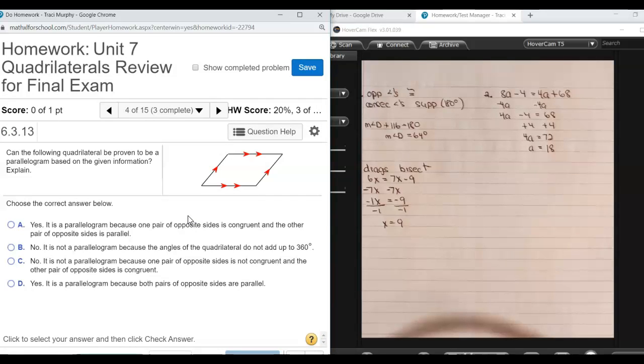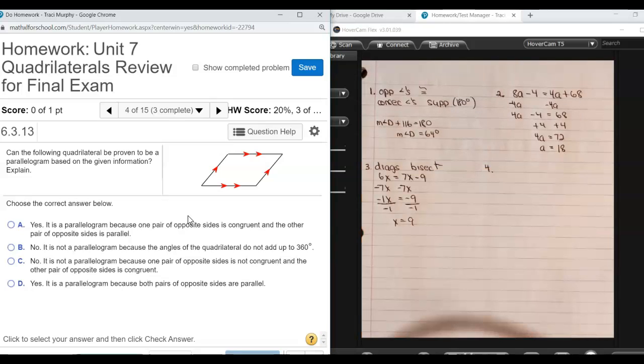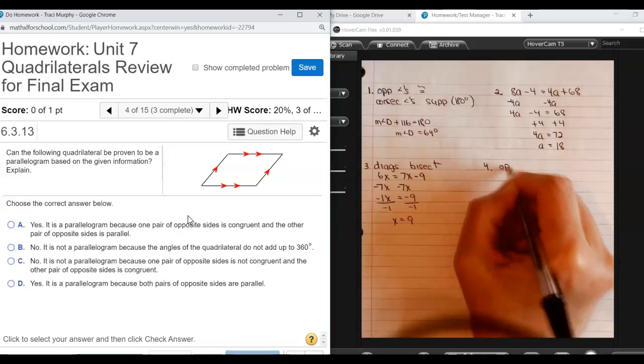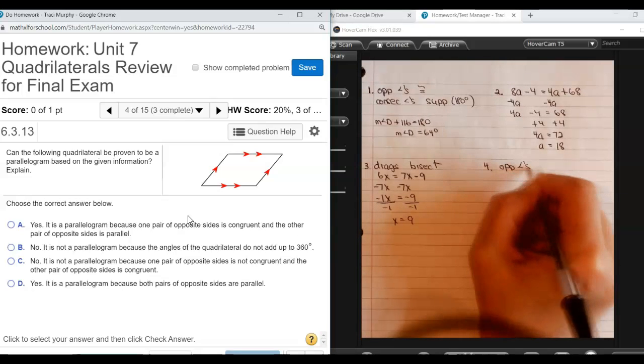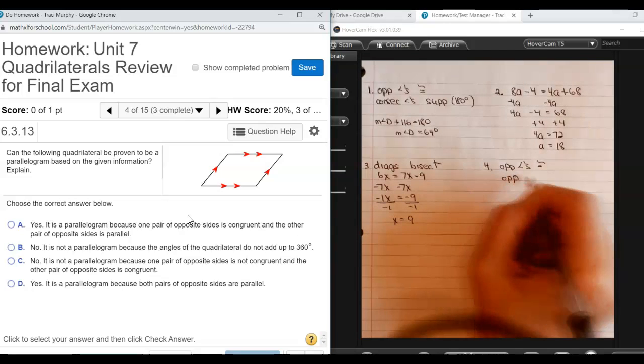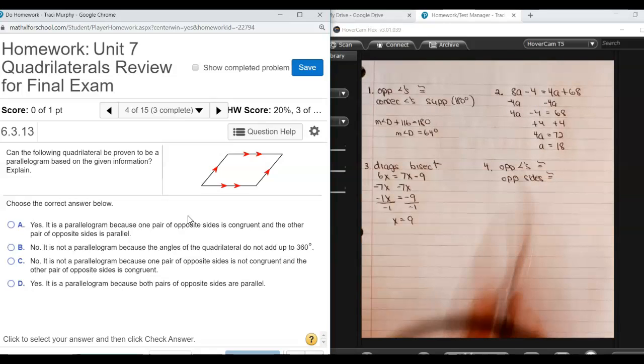All right, number 4, it wants to know, is that a parallelogram? Well, again, we had several ways to prove if something was a parallelogram. Two of those we said were up there. If the opposite angles are congruent, it's a parallelogram. If the opposite sides are congruent, it's a parallelogram.